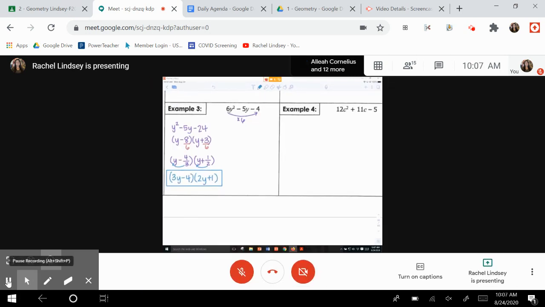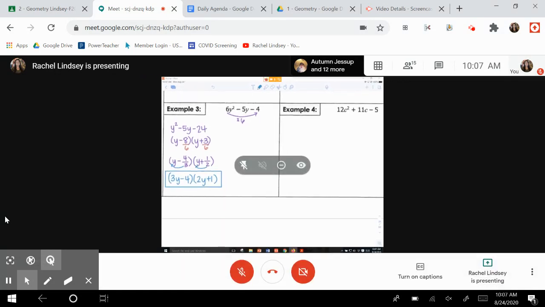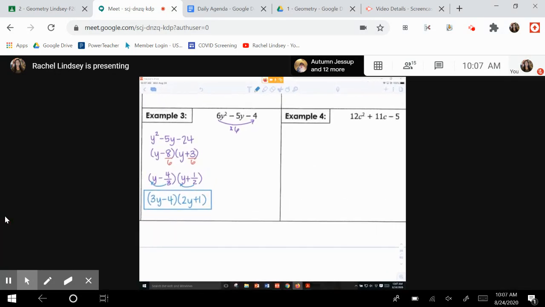Can I factor anything out of 12, 11, and 5? No. So I can't do regular factoring where I find what multiplies to C and adds to B. So I'm going to do slide and divide. Slide that 12 and multiply it by that negative 5.